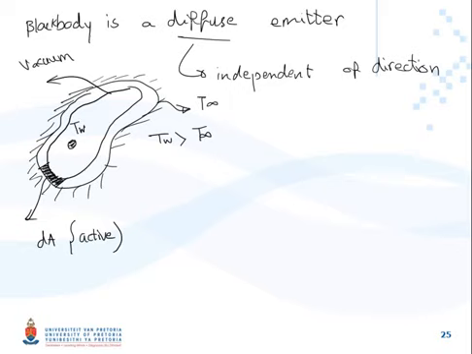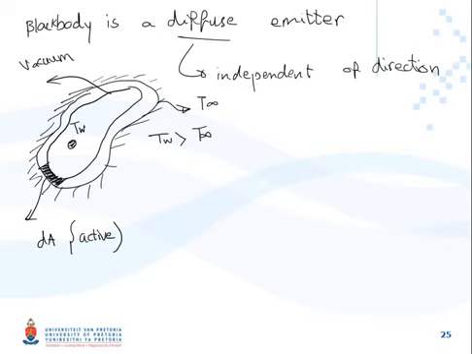After sufficient time has elapsed, the black body will reach thermal equilibrium with its surroundings, and the black body will reach the temperature of T infinity, even though not all the inside area of the enclosure is radiatively active.